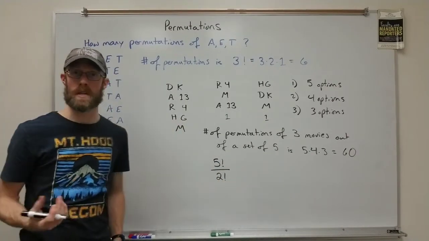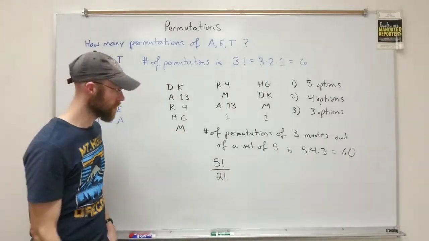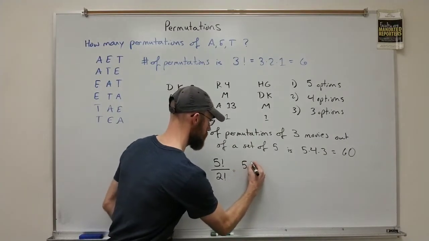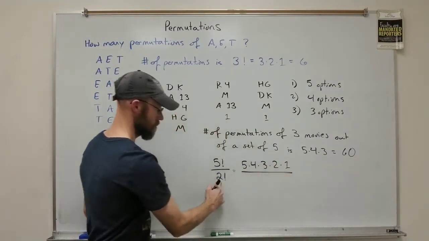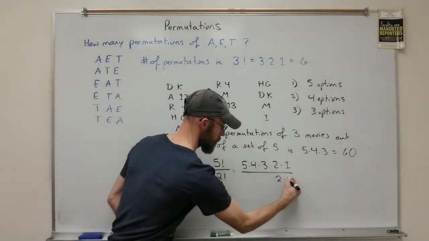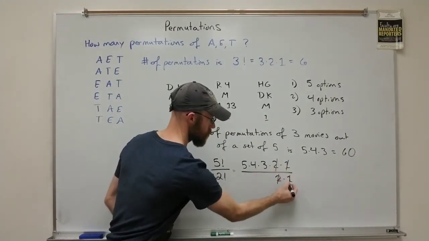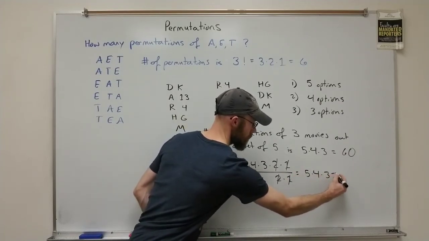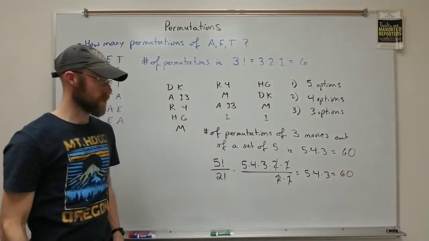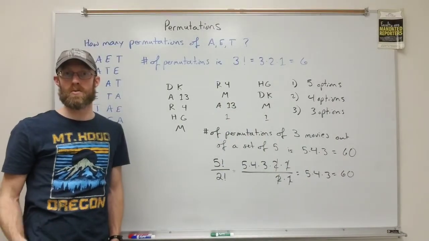The 2 are the ones being left out, you're dividing them out. And so you have 5 times 4 times 3 times 2 times 1 over 2 factorial, which is 2 times 1. If you cancel the 2's and the 1's, you get 5 times 4 times 3, which is the 60. So you're dividing out the ones that aren't used, okay?